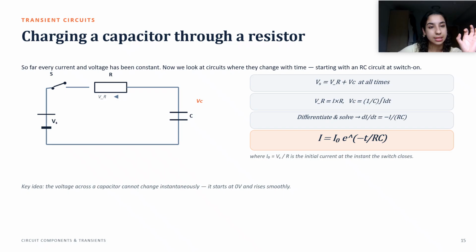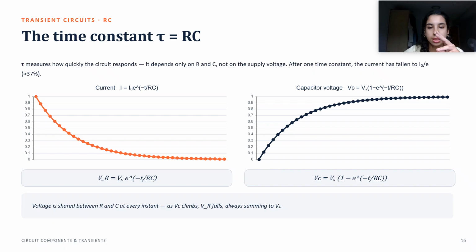RC we call something specific: RC is called the time constant. So how do you find the initial current, at the moment that it starts? We could say when the switch is closed, that means we turn on the circuit. It's the supply voltage divided by the total resistance, or the resistor here, to simplify it. Now, here is the graph.